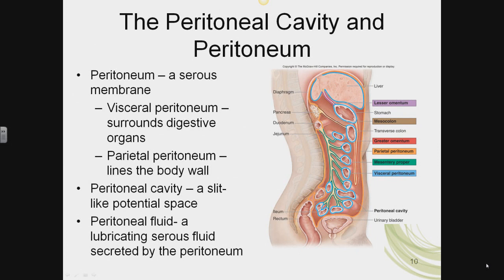Between these 2 layers is the peritoneal cavity, a potential slit-like space where the peritoneal layers that face each other will secrete their lubricating serosal fluid. The thin layer of fluid in the peritoneal cavity lubricates both the body wall and the internal organ surfaces, allowing the abdominal organs to move freely, and it reduces friction resulting from this movement.